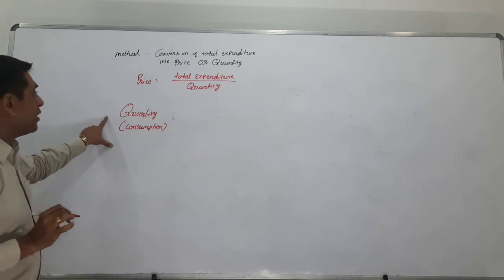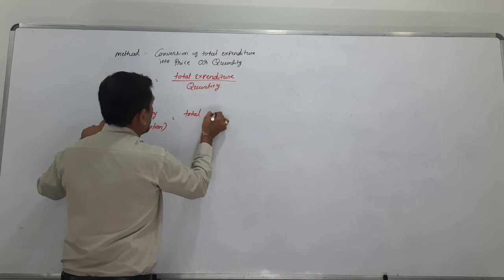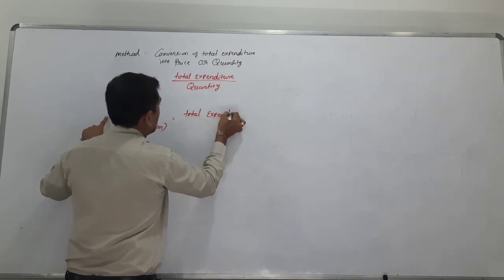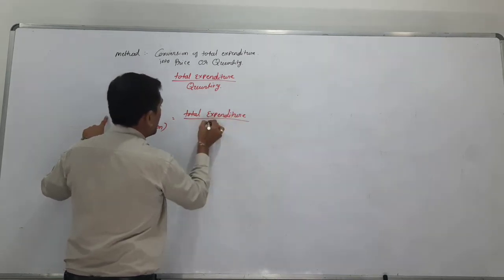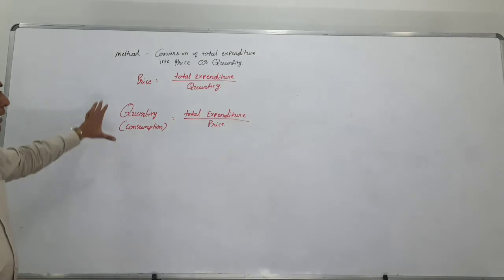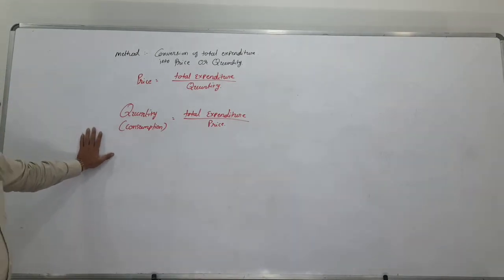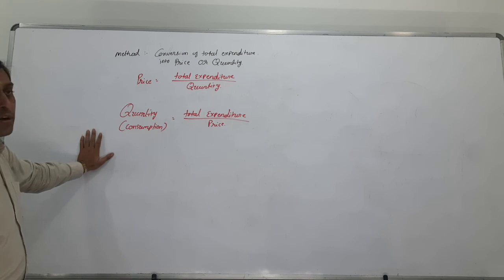If consumption is not given, then the formula is total expenditure divided by price. Whatever is not given, you have to find out in this way. First of all, write down this.